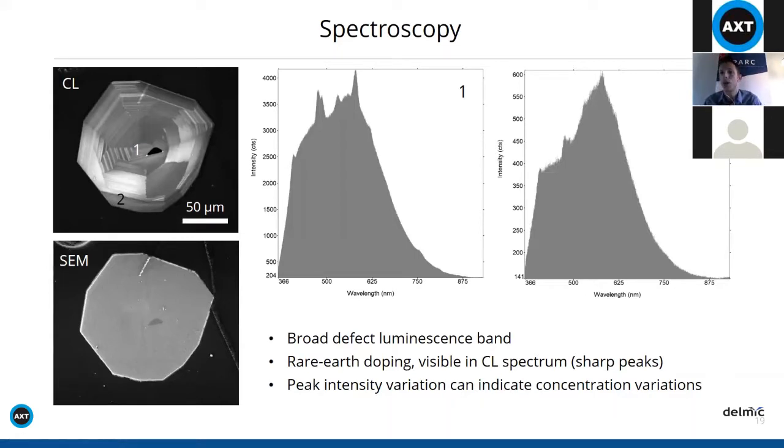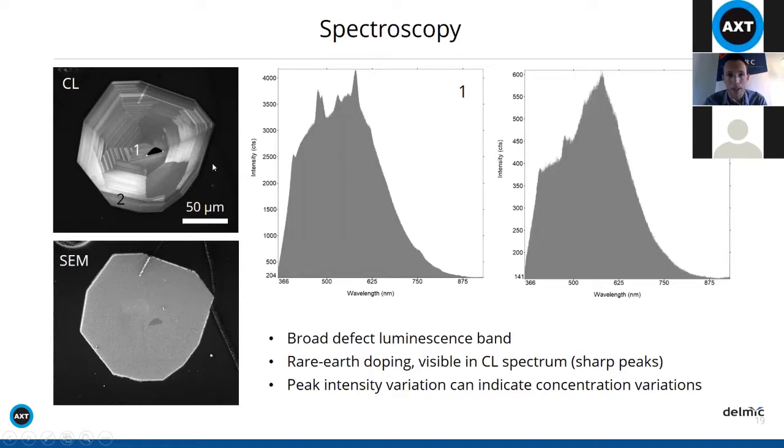These rare earth elements have very well-defined peak positions, and they're quite sharp normally. So often you can identify which rare earth elements are present by looking at this. I have not gone through that exercise in this case, but it is often possible.